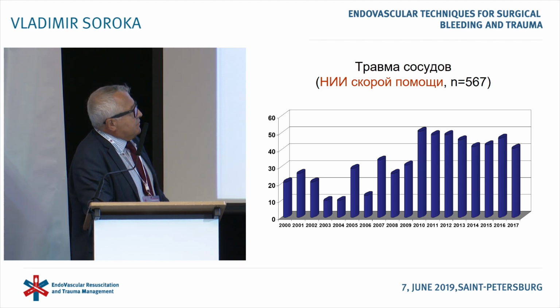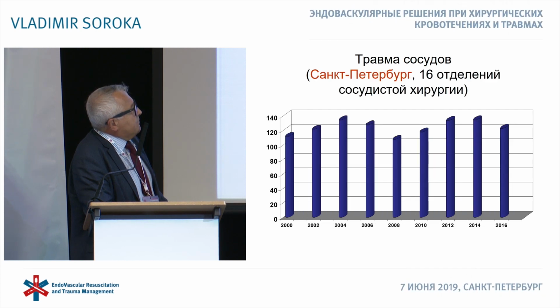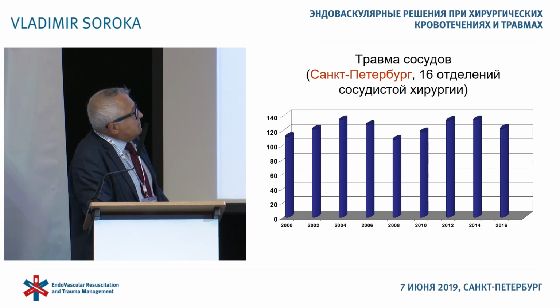key importance. If we're talking about vascular traumas, we have around 40% of patients with vascular traumas. We can say the same about St. Petersburg, for example. You can see that the vascular trauma is not growing much. This is the consolidated statistics of 16 departments from different centers in St. Petersburg.